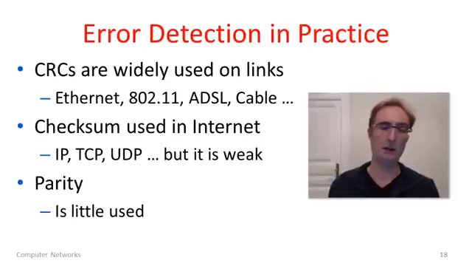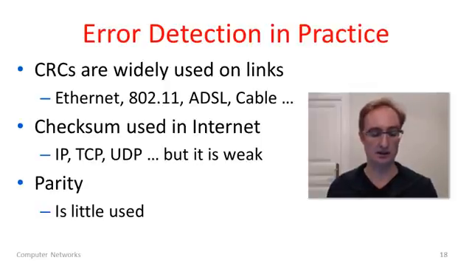And finally, to wrap up, let's talk about error detection in practice. CRCs, the strongest form we saw, are very widely used on all sorts of different link layers. They're used in Ethernet and 802.11, as I mentioned. They're also used over your DSL link, cable links, and so forth. They're an industry standard. Checksums you'll also find are fairly widely used in the Internet by all of the Internet protocols, TCP, IP, UDP, and so forth.